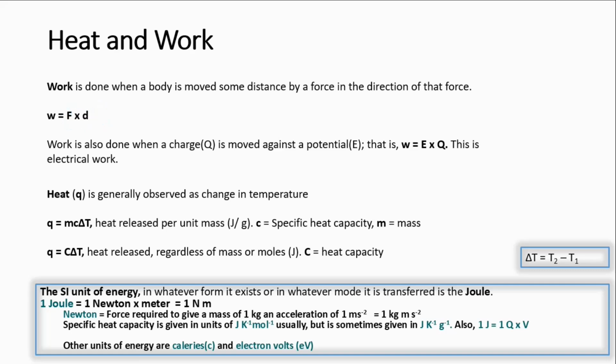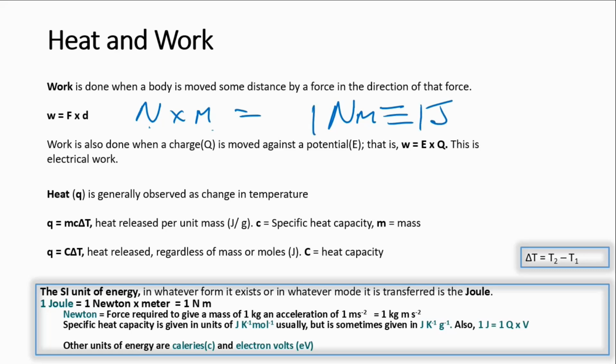Now, note, force has units of newtons and distance has units of meters. So if you're multiplying newtons by meters, then you'll end up with a value with units of newton meter. Now, the unit of work is the joule. So what this is saying to us is that 1 newton meter is equivalent to 1 joule.